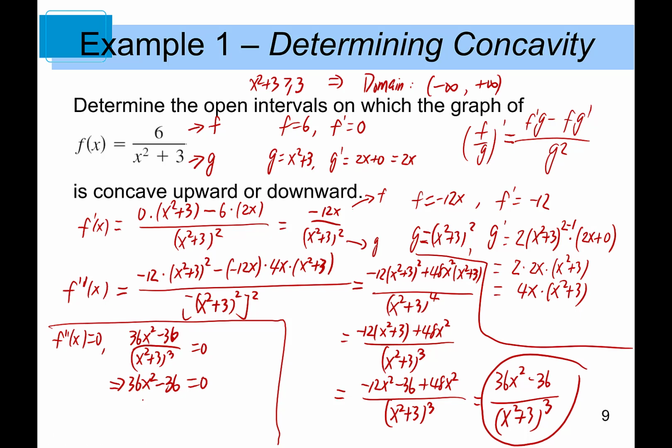Then we solve for x. Factor out 36: x squared minus 1 equals 0, then x equals plus or minus 1. Okay, so now we find out the possible values to test for concavity.